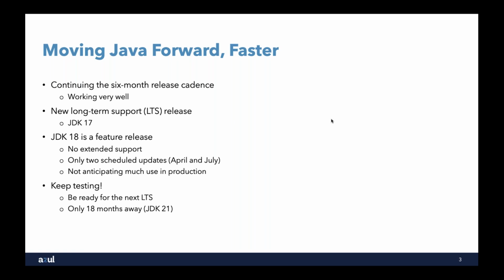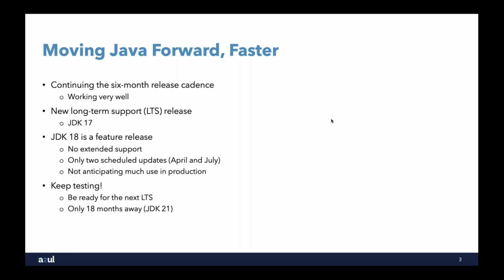What we've seen is since JDK 9, which was, oh goodness me, way back in, what was it, 2018, 2017, we had the idea that we were going to switch from having feature-driven releases where we potentially had 2, 3, even 4 years between major Java releases to this time-based release model and only 6 months between the versions. And I think it's fair to say that that's working very, very well.